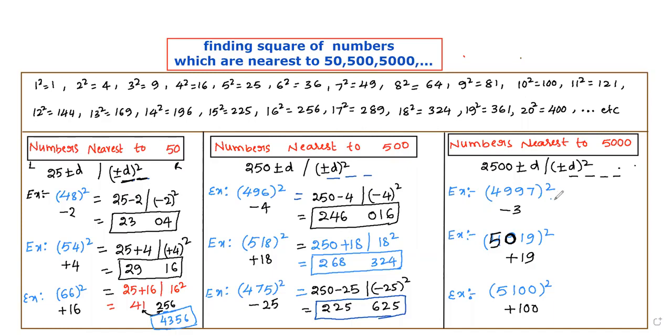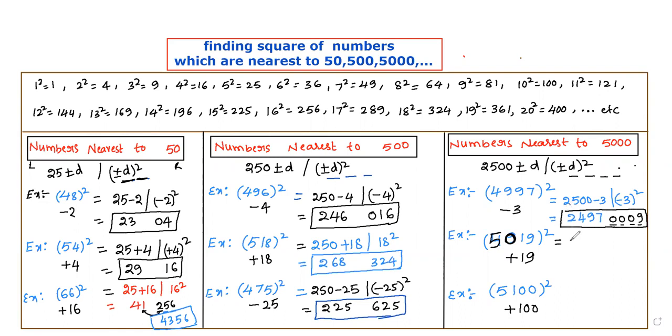Now we subtract 3 from 2500 and find -3 whole square for the right hand part. So we get 2497. The square of -3 is 0009, because we have 4 places, so I write it in the form of 4 digits. This is our final answer.